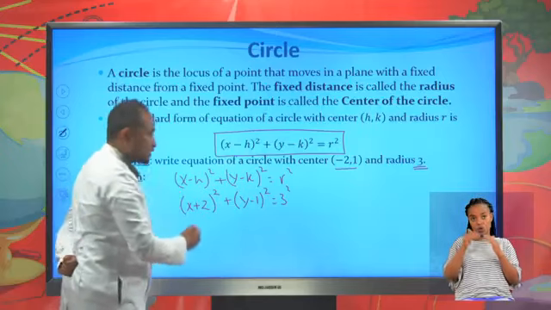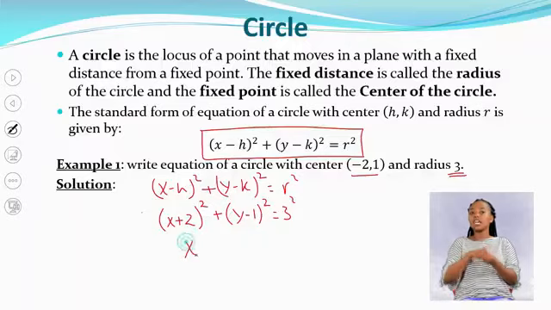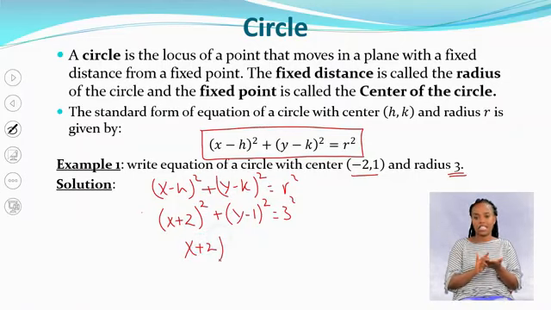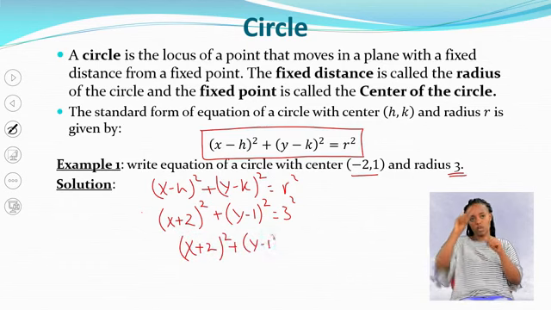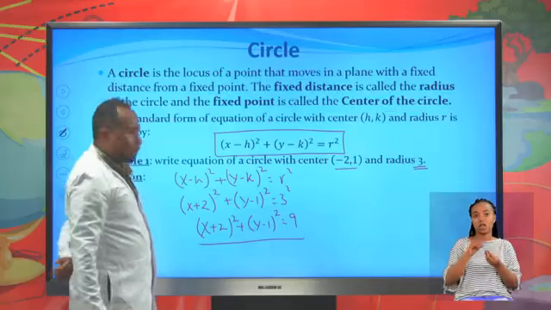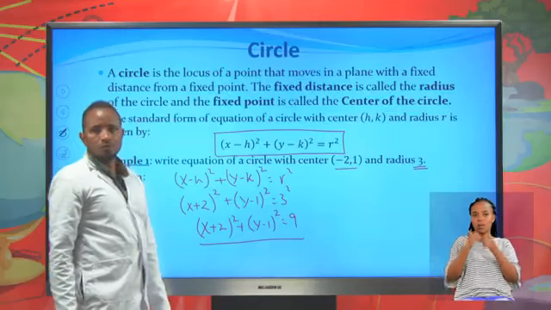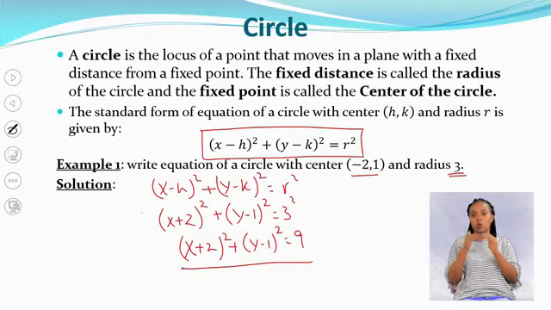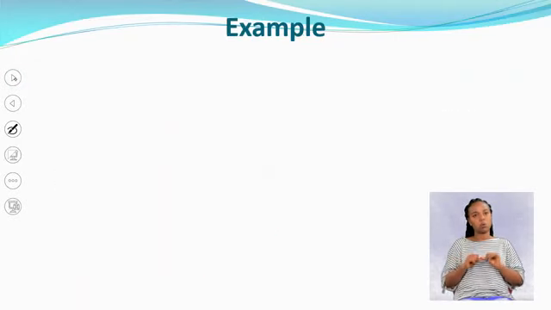Therefore, the equation of the circle with center minus 2 comma 1 and radius 3 is (x plus 2) the whole squared plus (y minus 1) the whole squared equals 9. This is it. Now let's continue to the other example.